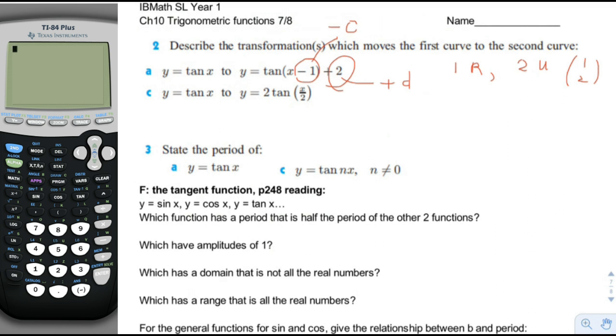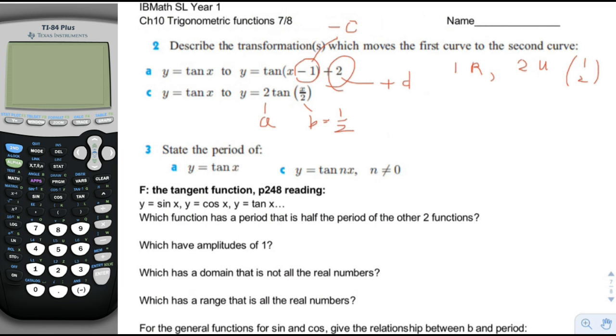C, y equals tangent of x to y equals 2 tangent of x divided by 2. So this here would be an A transformation, and the 1/2 here would be a B transformation.